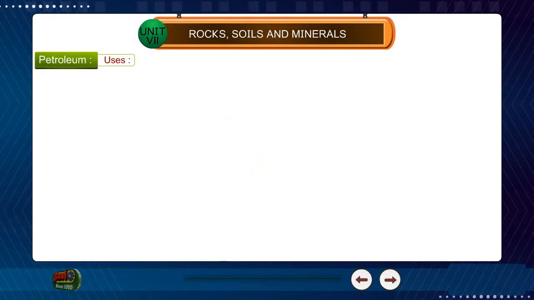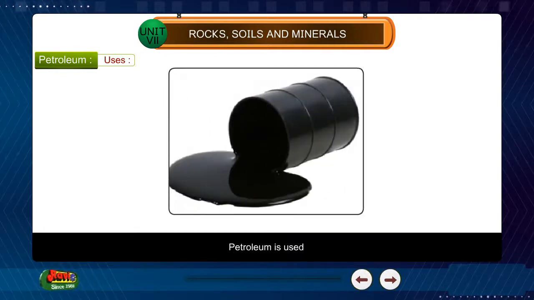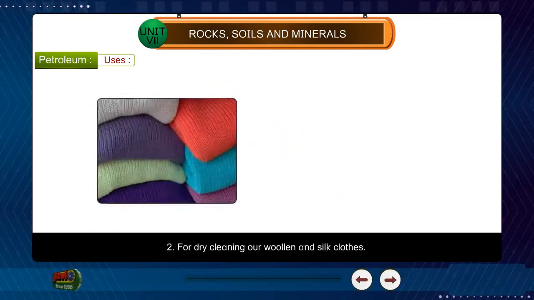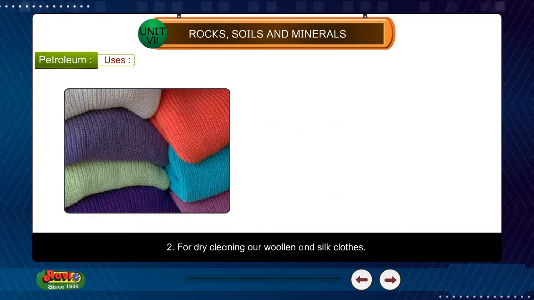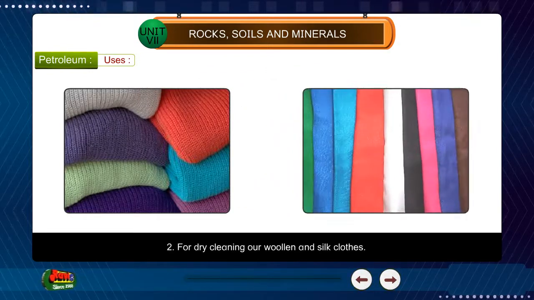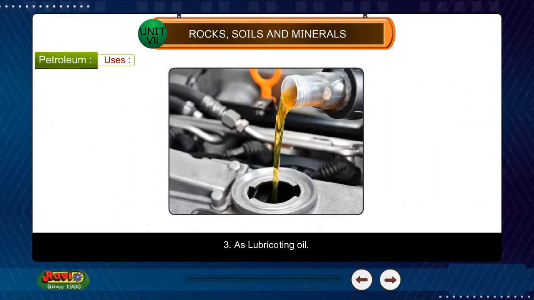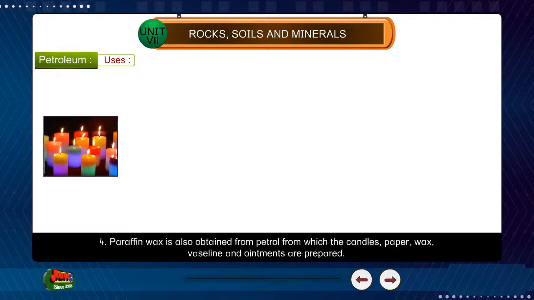Uses. Petroleum is used: 1. As fuel. Half of the energy used in various things comes from petrol. 2. For dry cleaning our woolen and silk clothes. 3. As lubricating oil. 4.